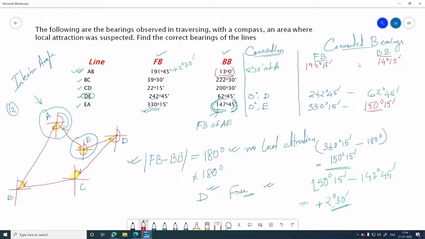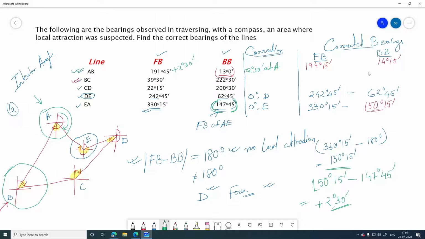So how much correction is required at point B? Because as you can see the back bearing of AB, that means the forebearing of BA, I am watching from B to A side, that means the correction is required at point B. So how much correction is required at point B?